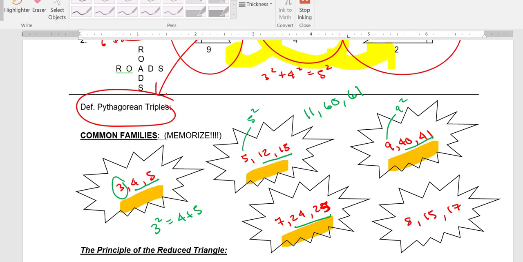Just take an odd number to start, square it, and then find the two numbers that are next to each other and add up to that number, and that's going to be your triple. Hopefully that'll help you if you forget some of the triples. I would recommend writing these triples down at the top of any quiz or test that we have to do with these. 8, 15, 17, obviously you're just going to have to memorize on your own.